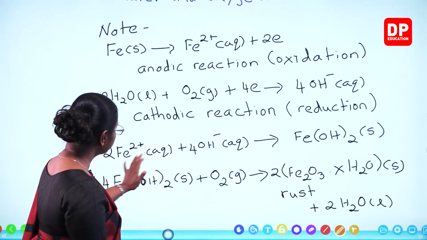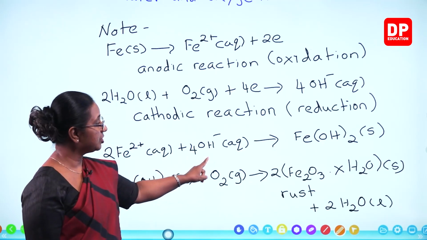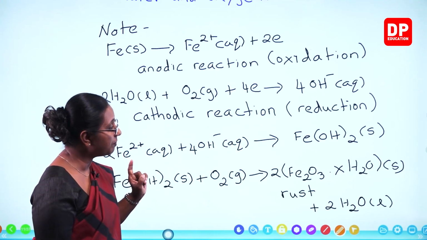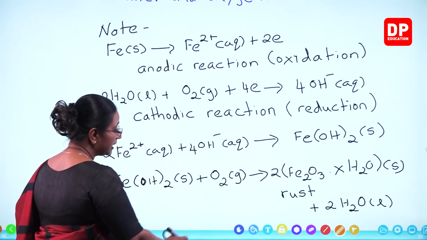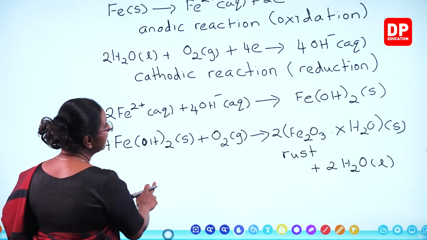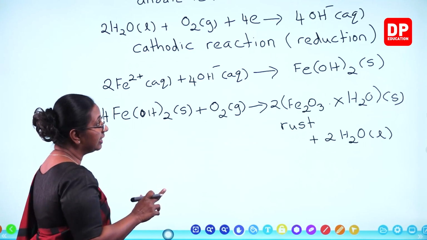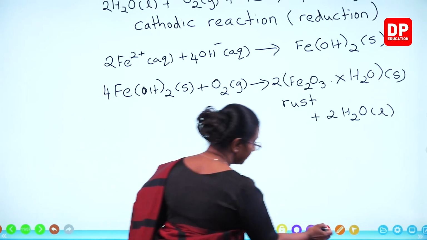Then I have shown you this particular reaction where Fe2 plus and OH minus ions combine to form Fe(OH)2 solid. But if we are to write it as a detailed reaction where we add the oxidation and reduction reactions, you all can remember, students.